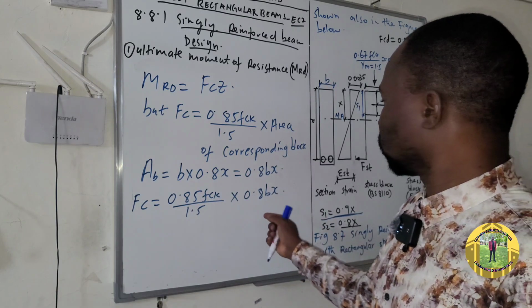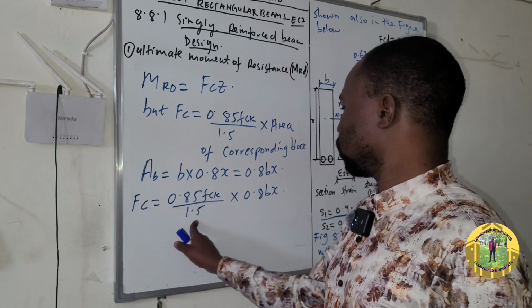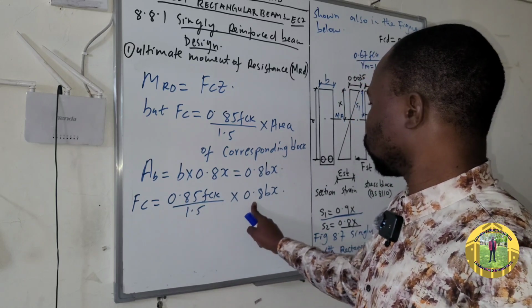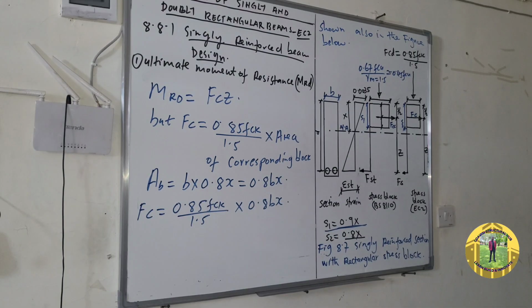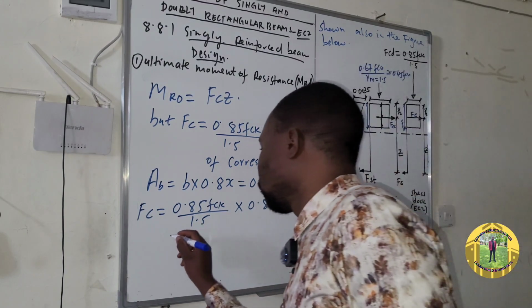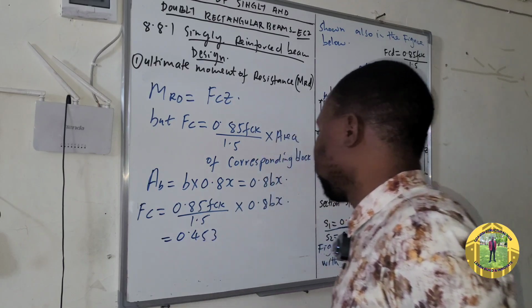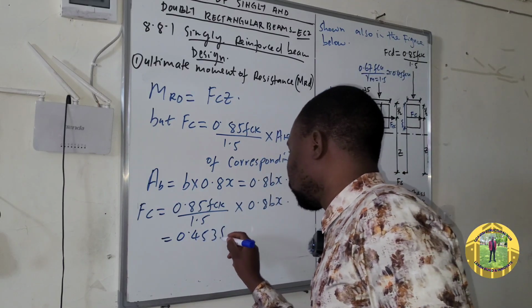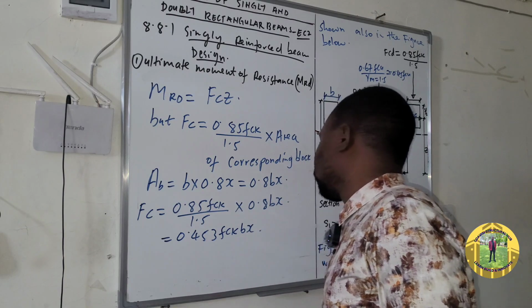Simplifying this, you take 0.85, divide by 1.5, then multiply by 0.8. So we get 0.453 FCK bx.